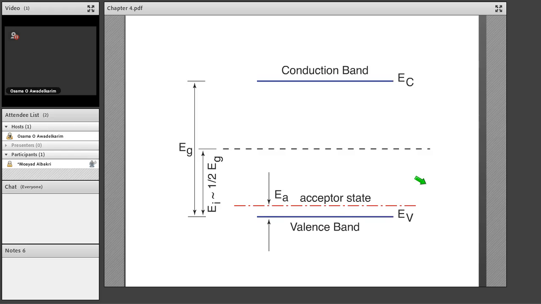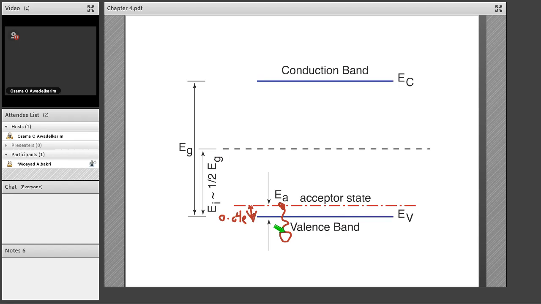And again, we can attach a state, which we call the acceptor state, very close to the valence band, such that the energy here is of the order of 0.04 eV, just like the energy needed to make a hole. And this 0.04 electron volts is the very small energy needed for an electron to leave here and go to the acceptor state, the boron maybe, to make it negative, and leave behind a free hole, which is free in the valence band.